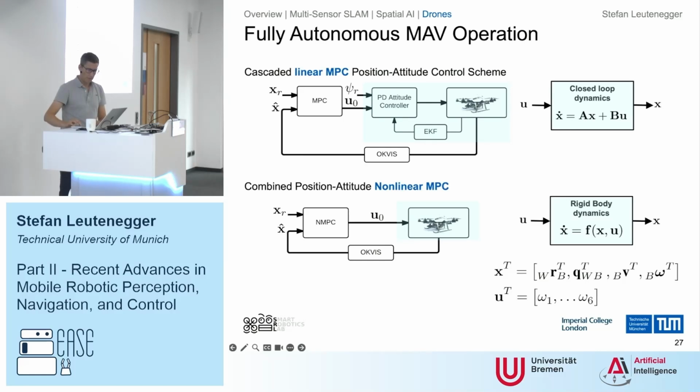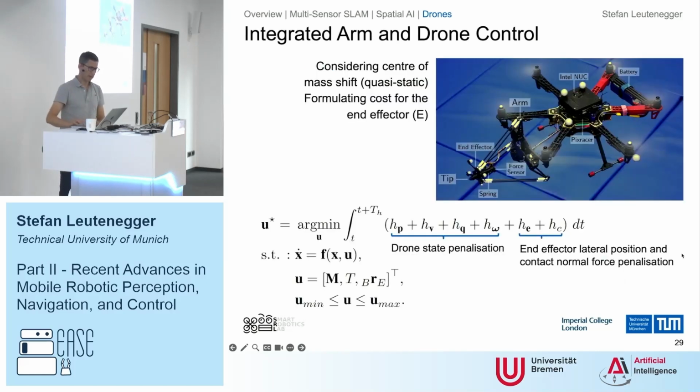And we can actually also augment that when trying to now interact with the environment. Part of why we try to understand the world around us is because we want to interact with it. And so as a first example here, we put a delta arm onto our drone and augmented the cost for the model predictive controller by also trying to control, most of all, the tip of this thing, so that we can write something on a whiteboard.